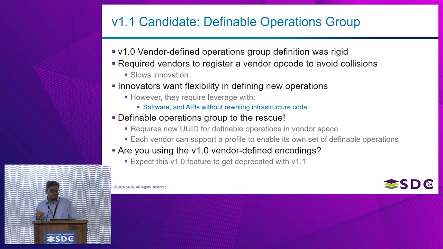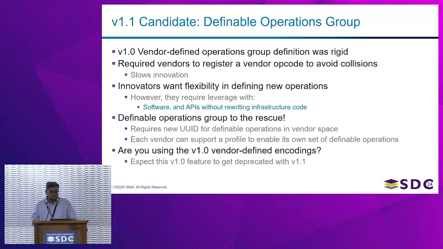Because what we're trying to do is allow flexibility in defining new operations. By doing that, they can now leverage the same software and API without rewriting a lot of the infrastructure code. This new implementation kind of requires them to just define new GUIDs, and then you can define your own set of operations, but they will still align themselves to the memory structures that we defined earlier on.